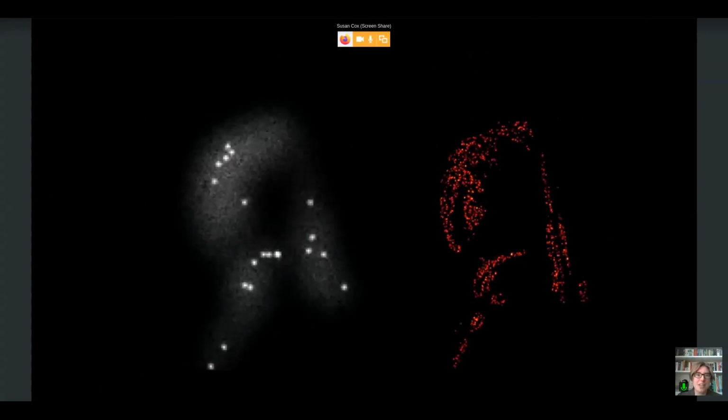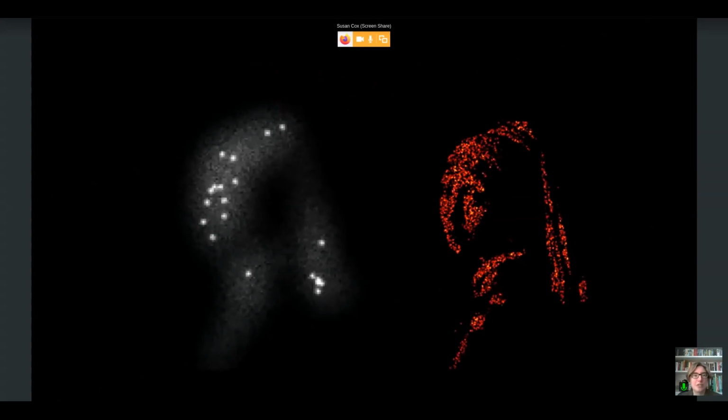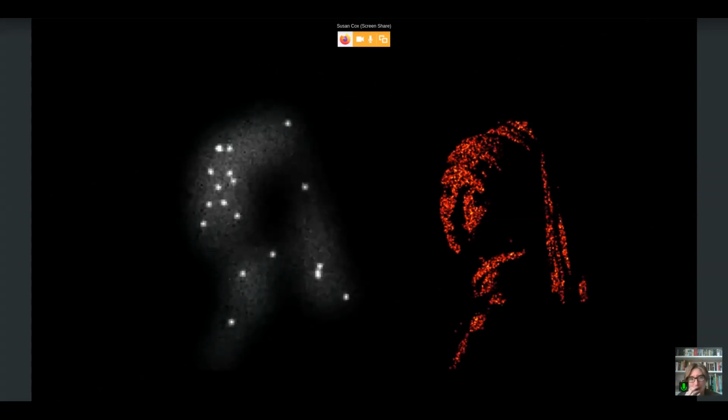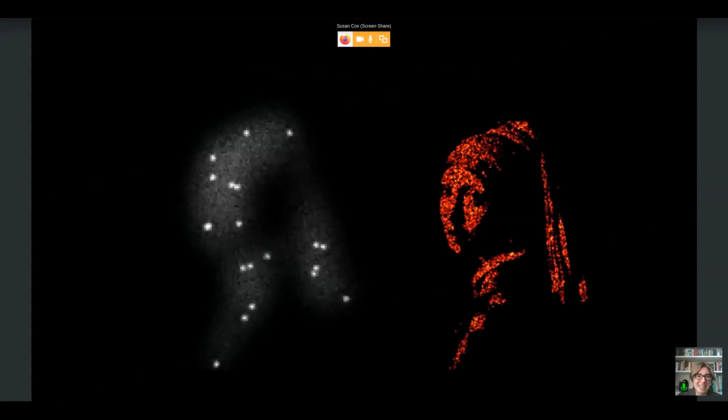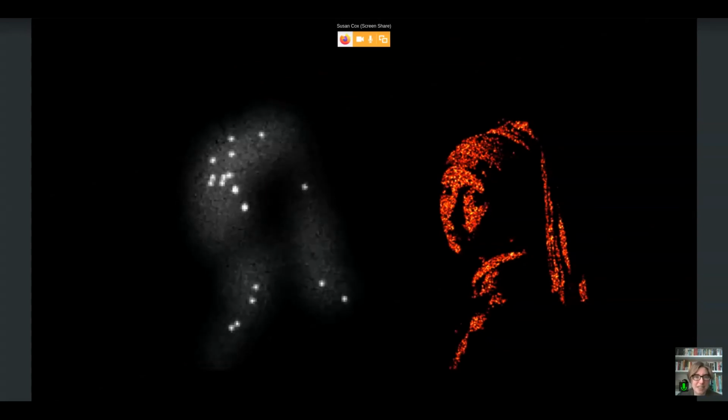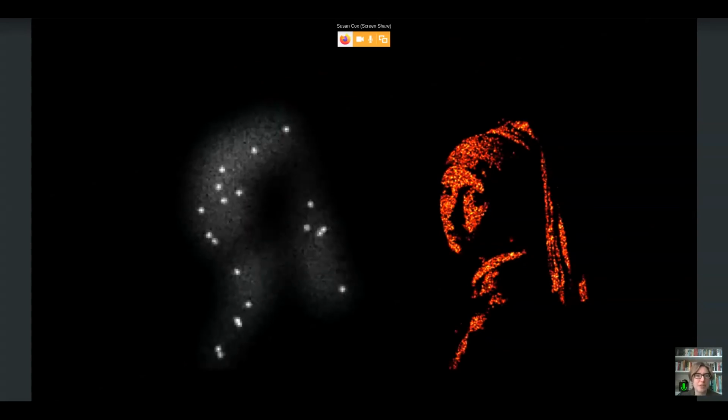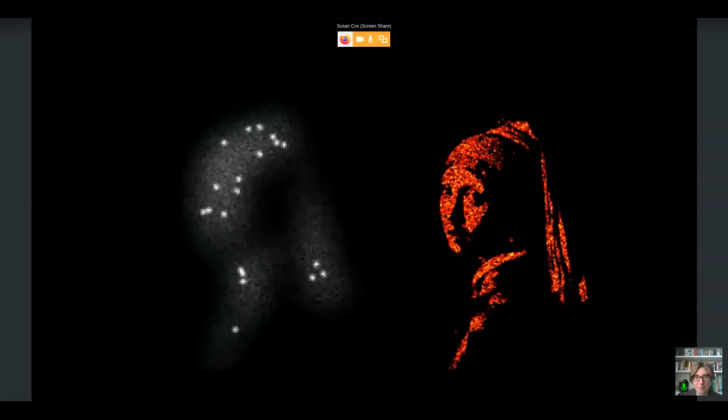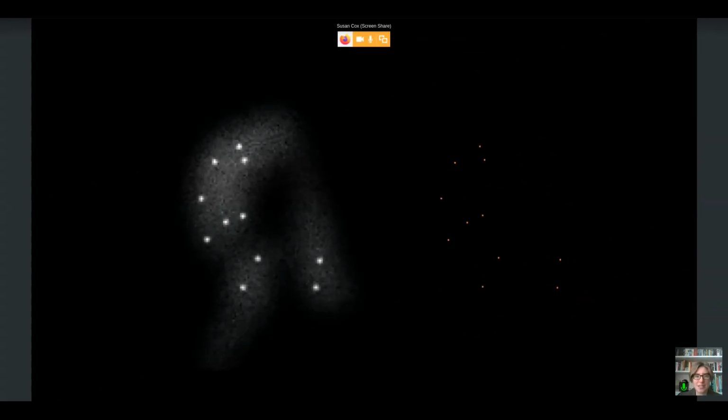So if this is what our original localization microscopy looked like, what happens if we think about changing the activation density, that is, the number of fluorophores that are activated in each frame? We start out here with very few fluorophores being excited.